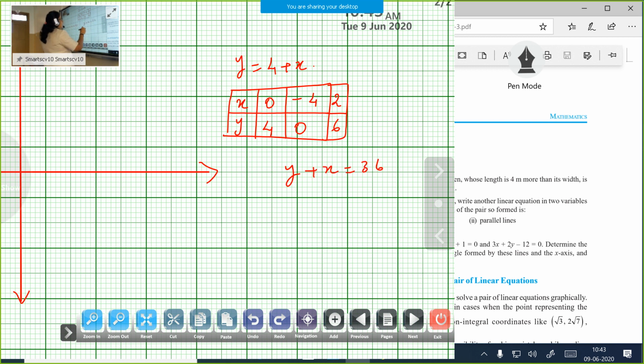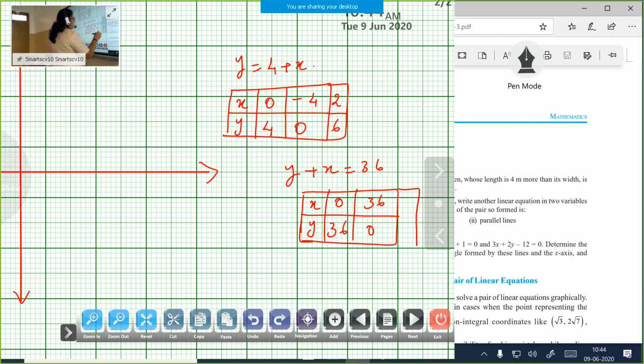Then the second equation, y plus x is equal to 36. Put x equal to 0, y equal to 36. Put y equal to 0, x is equal to 36.